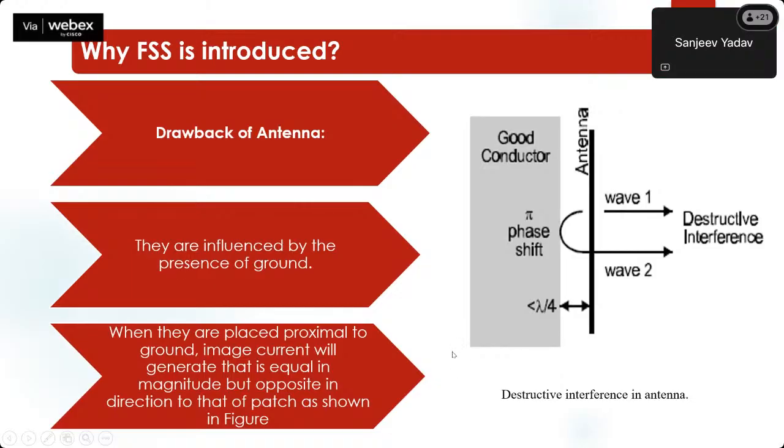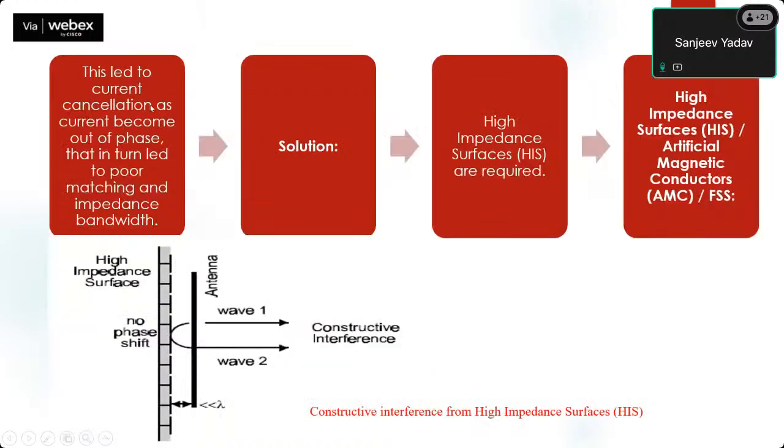So to overcome this destructive interference, the frequency selective surface came into existence. Here you can see in this figure, we have put one high impedance surface, which is a frequency selective surface. Here the antenna is there, the same wave 1 which was transmitted by the antenna. By using the frequency selective surface in place of the ground, you can see that again the second wave is coming, which is now showing constructive interference.